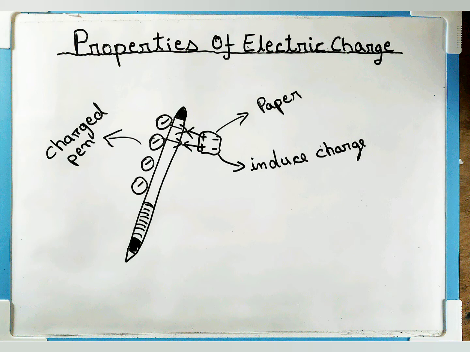So as I bring this pen closer to the piece of paper, there's a force of attraction between the negatively charged pen and the positively charged protons in the paper.